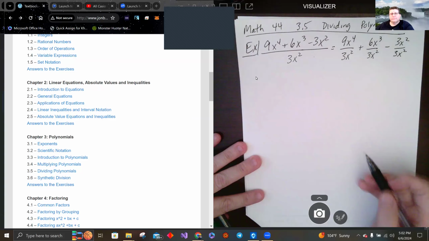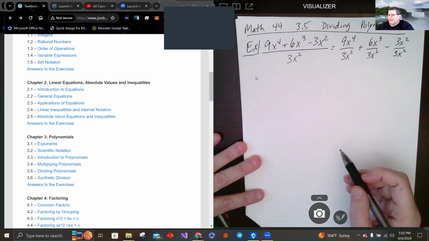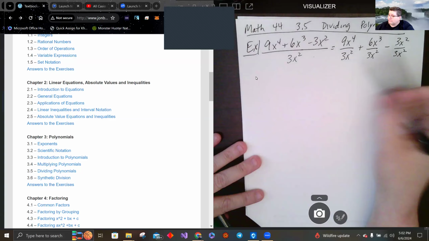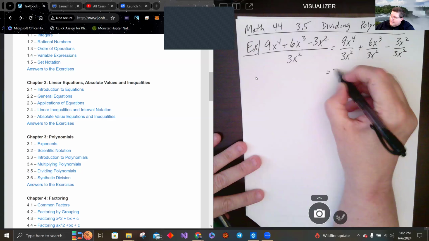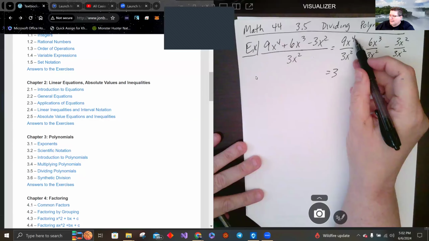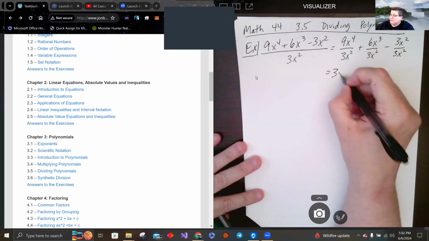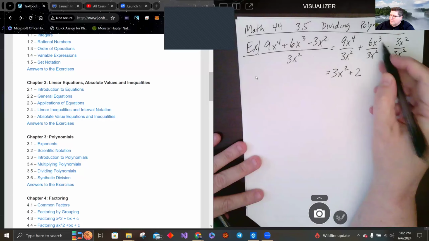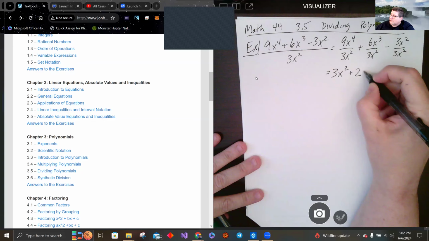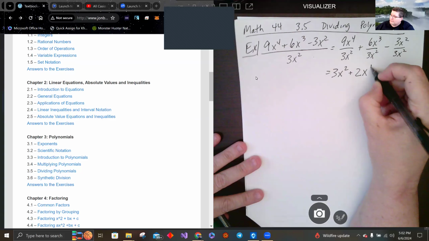Okay? And then you can use the rules that apply. 9 divided by 3 is 3. X to the fourth over x squared, we do 4 minus 2, we get x squared. 6 divided by 3 is 2. X cubed over x squared, we have 3 minus 2 on the exponents, x to the first power.